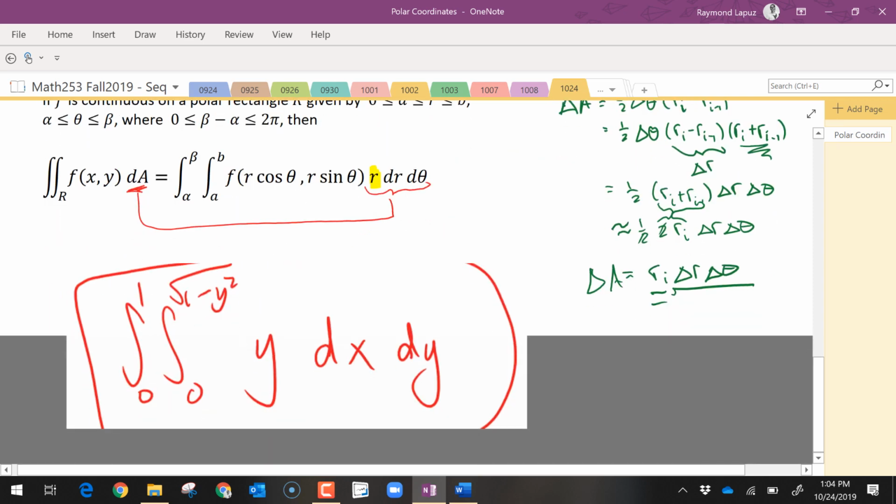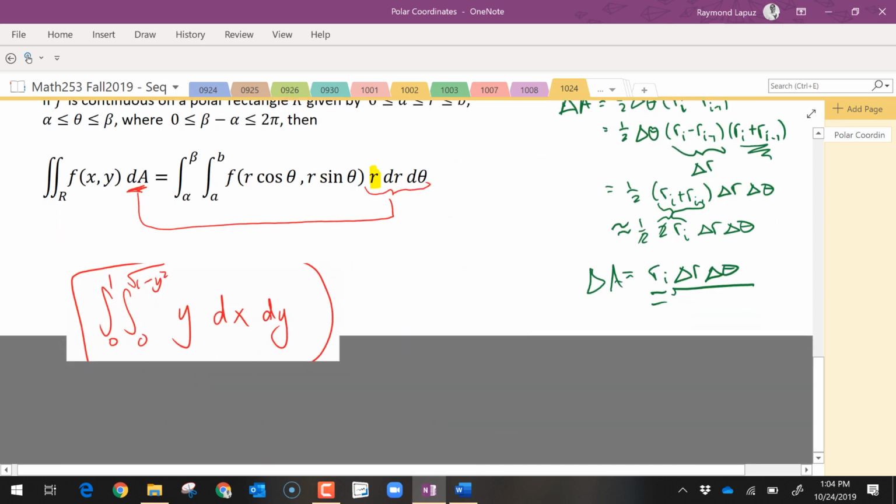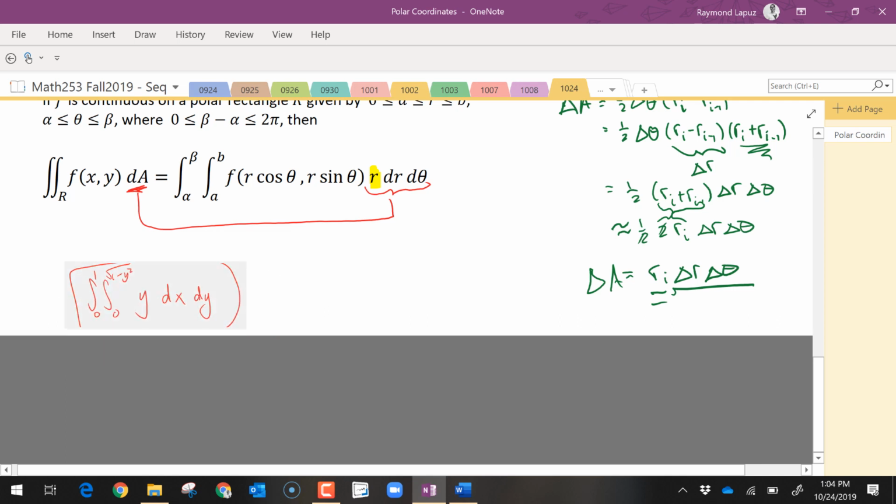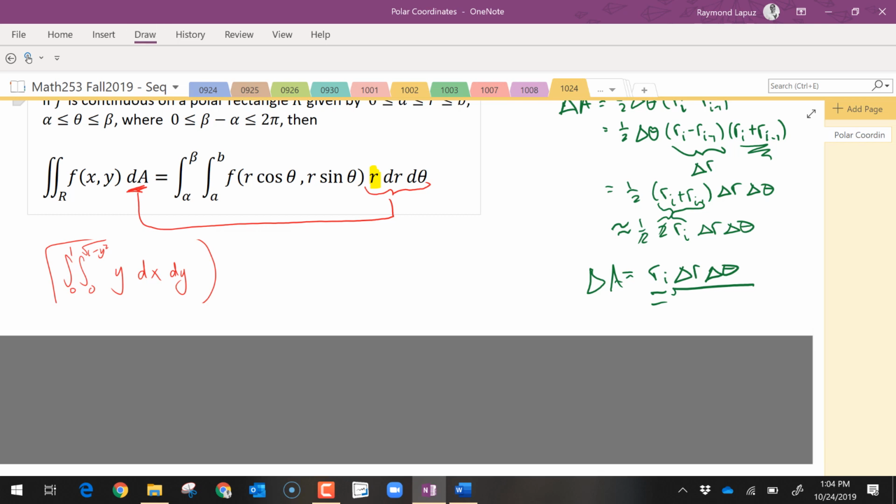I know from the drawing, and maybe you would need to redraw it, that this is a quarter of a circle with radius 1, right? So the region is a quarter of a circle.